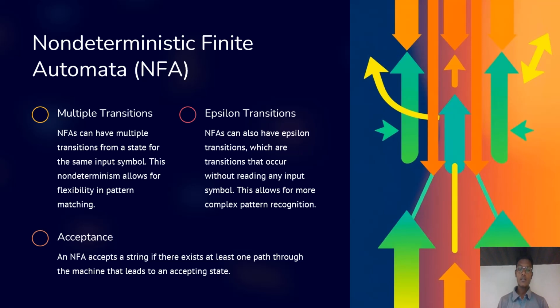NFA can also have epsilon transitions, which are transitions that occur without reading any input symbols, which allows for more complex pattern recognition. Next one is acceptance. In NFA, a string is accepted if there exists at least one path in the machine that leads to the accepting state. This is all about non-deterministic automata.